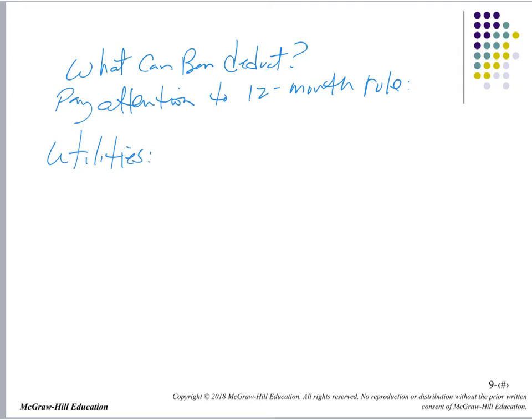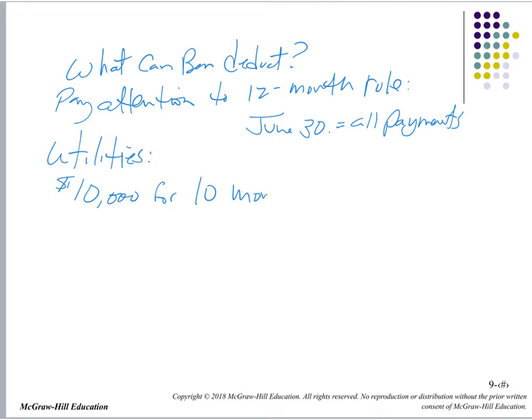What do we know about utilities? Remember that all payments were made June 30th. So utilities: he paid $10,000 for 10 months. What can he deduct?